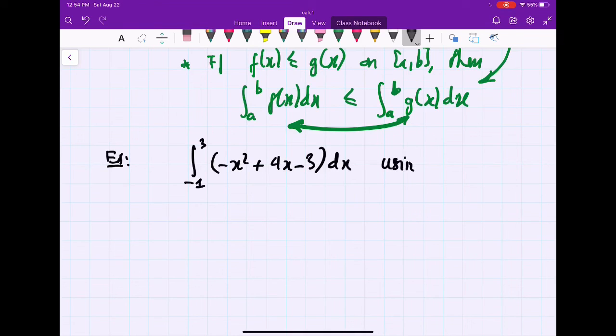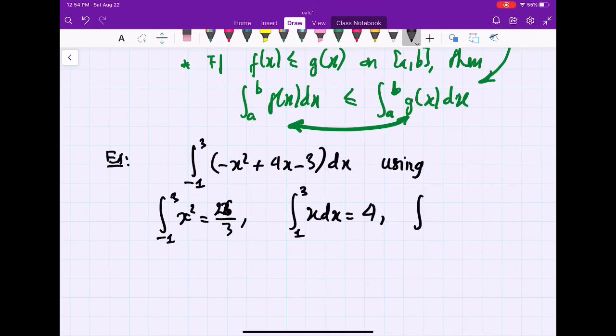We know that the definite integral from 1 to 3 of x squared is 26 over 3, the integral of x from 1 to 3 is 4, and the integral from 1 to 3, sorry, I think from -1 to 3, of 1 dx is 2. No, I think we have just 1 in here, sorry.